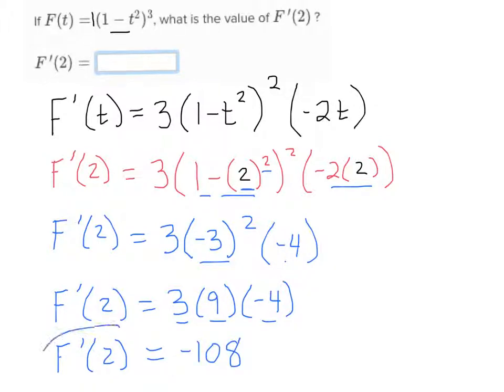And so the answer is f prime of 2 equals negative 108. We evaluated the derivative by plugging in 2, and so the slope of the tangent line of this function at 2 is negative 108, so it's going down very, very steeply.